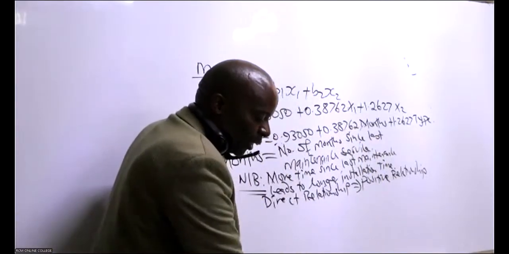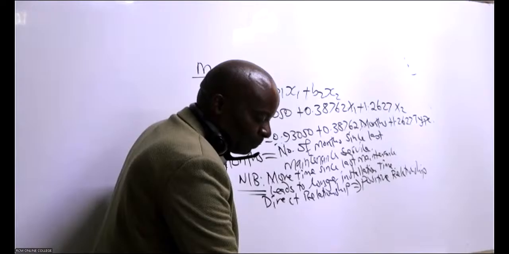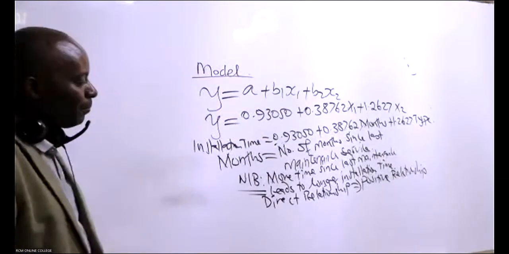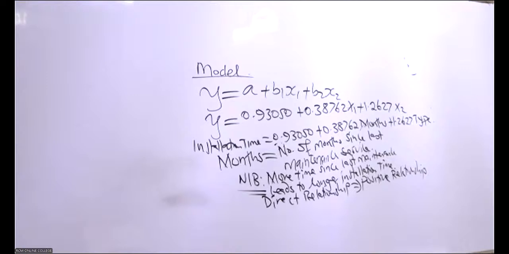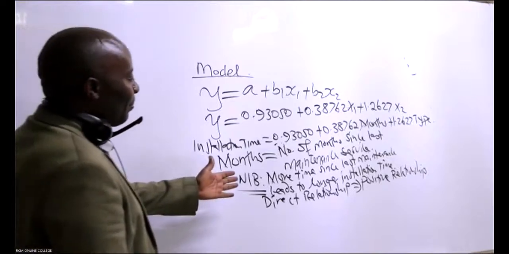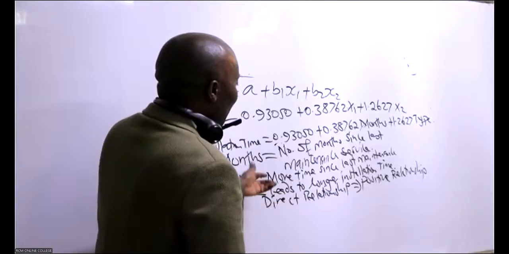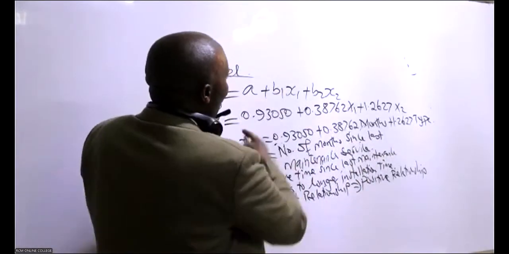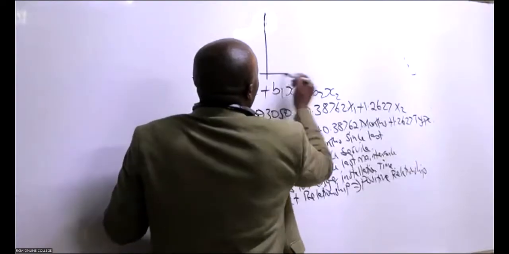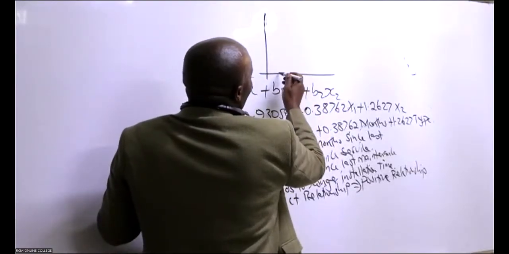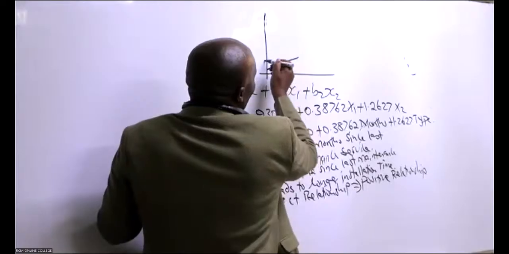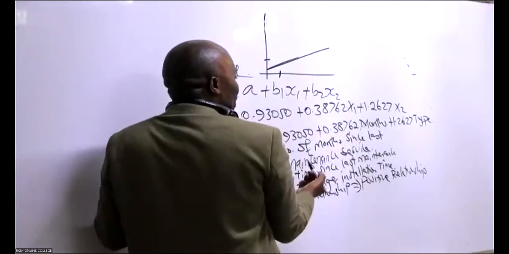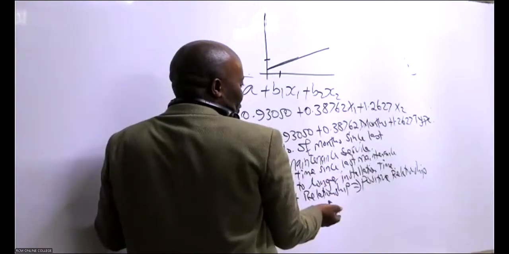Positive relationships. So it's more and more, one-on-one. One-on-one means that if this one is increasing, the other one also increases. So we have a direct relationship, which is also known as a positive relationship.